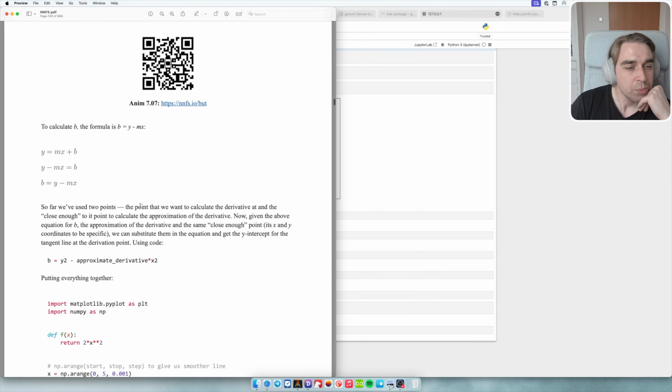So far we have used 2 points: the point at which we want to calculate the derivative, and a point close enough to it to calculate the approximation of the derivative.